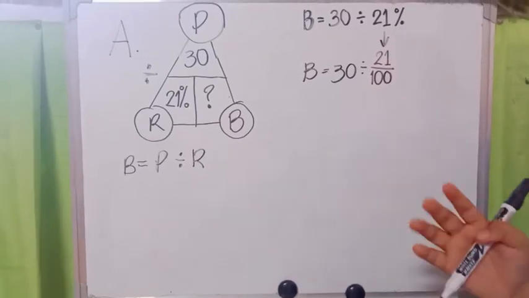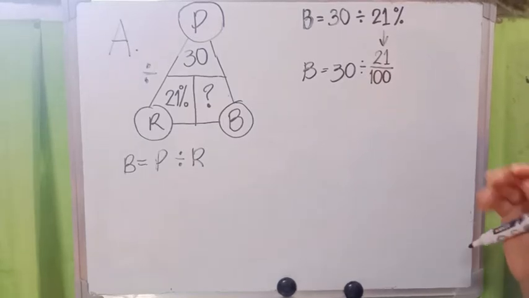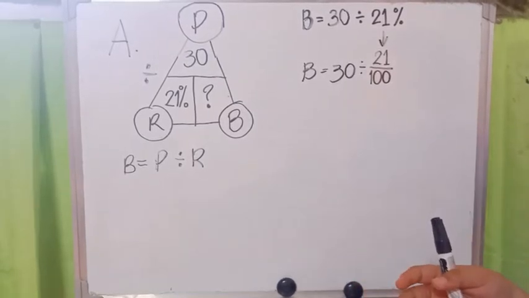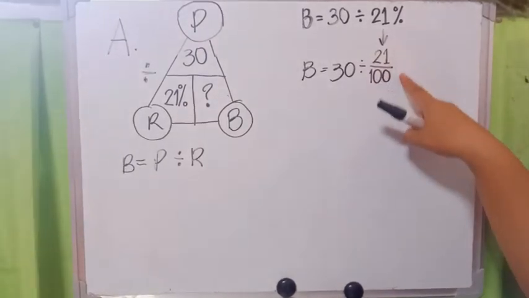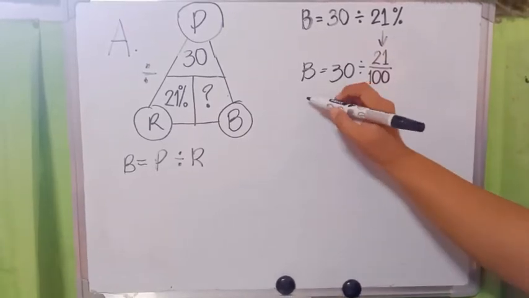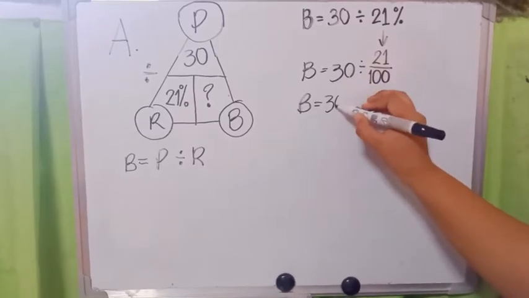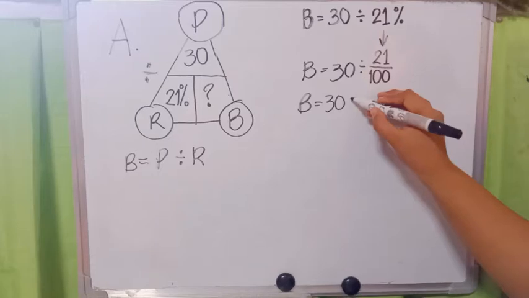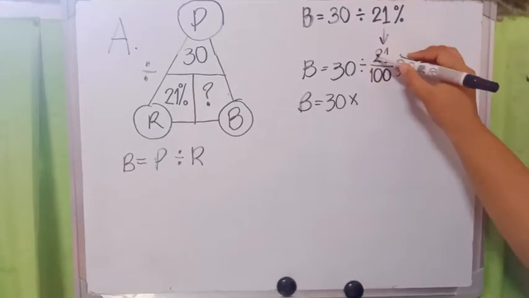Now we will apply the division rule for dividing a whole number by a fraction. Copy your 30, change the symbol of your division into multiplication, and take the reciprocal of your fraction.